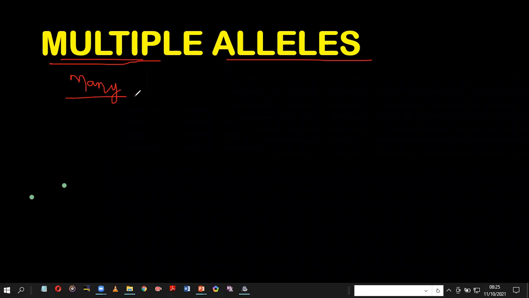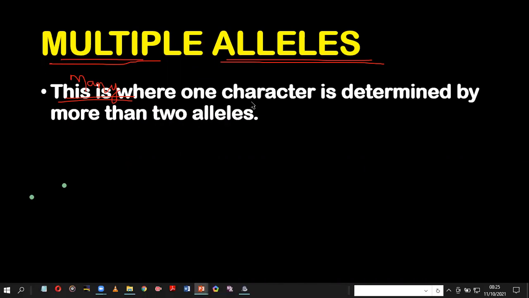So with genes that show multiple alleles, for instance, it's one single gene which is determined by more than 2 alleles. You have one single trait, but the trait is determined by more than 2 alleles.